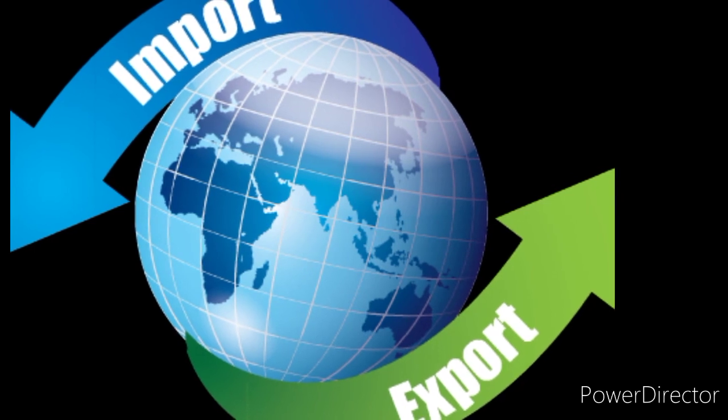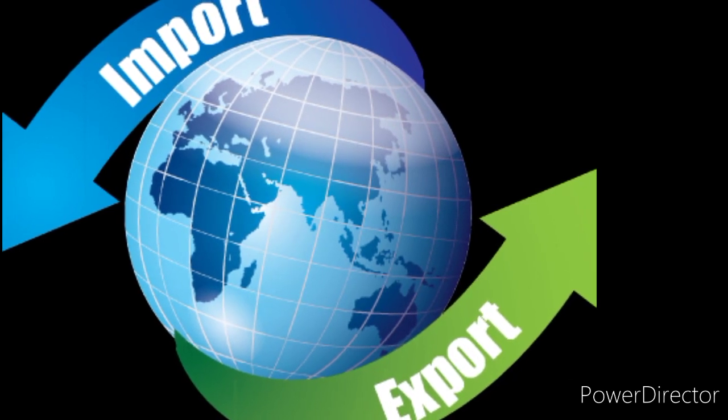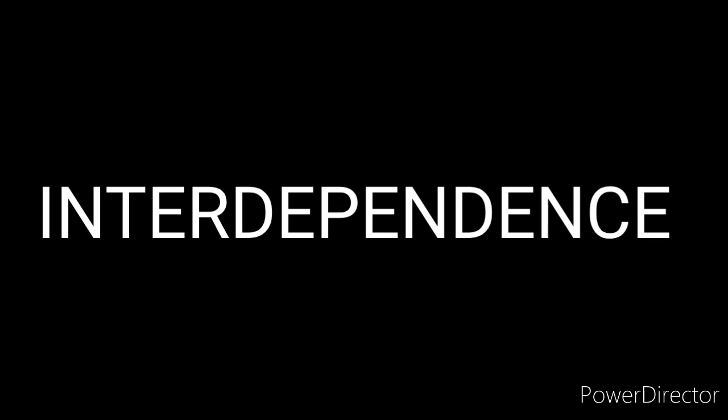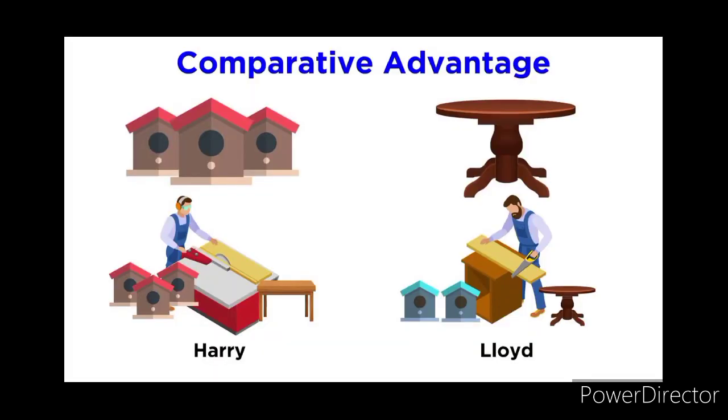Additionally, we have this economic concept known as interdependence. Interdependence is the shared need of countries for resources, goods, services, labor, and knowledge supplied by other countries. In conclusion, comparative advantage is a foundational principle in the theory of international trade.